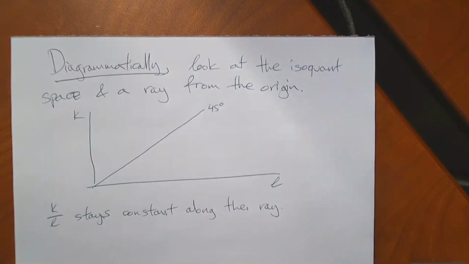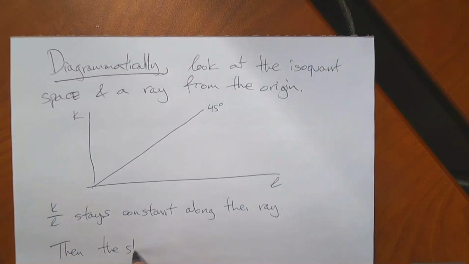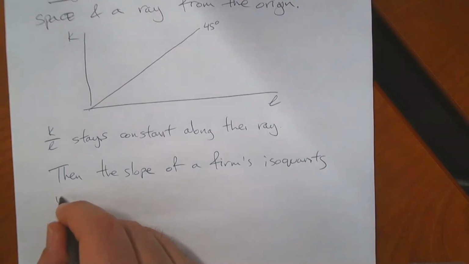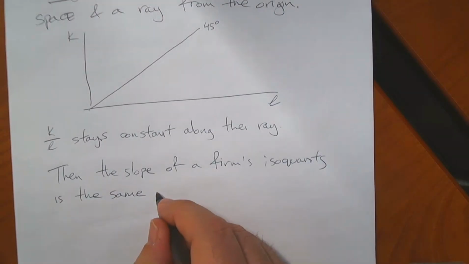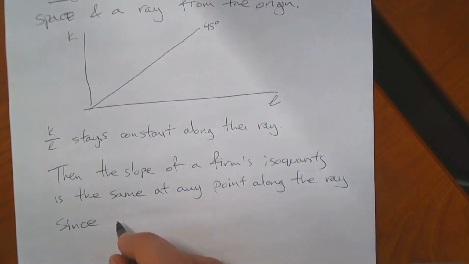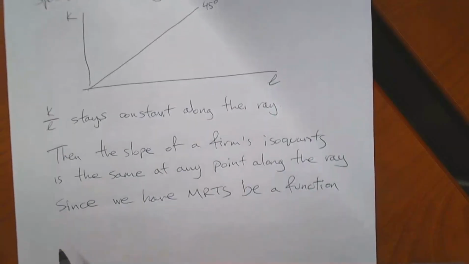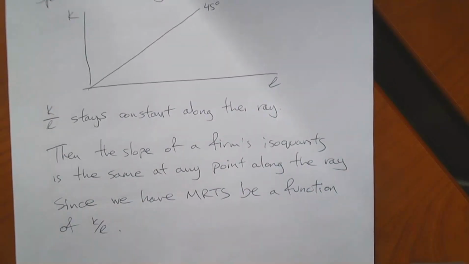So that's great. Let's look at the slope of a firm's isoquants. It is the same at any point along the ray, since we have this relationship between MRTS and the capital to labor ratio, being a function of K over L. K over L does not change, so MRTS we expect is not going to change either.